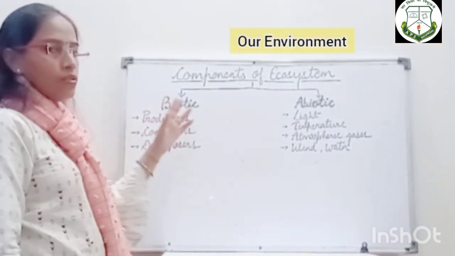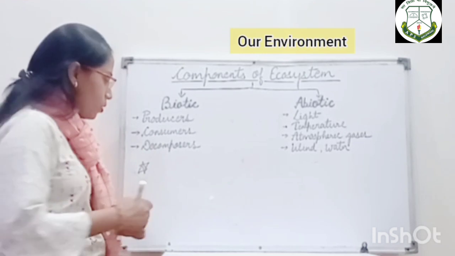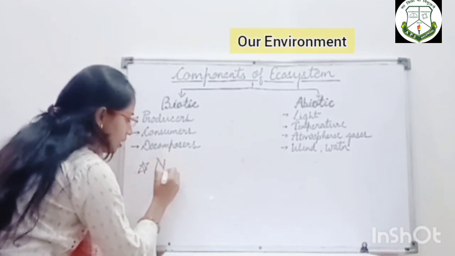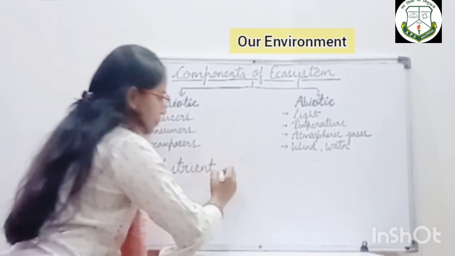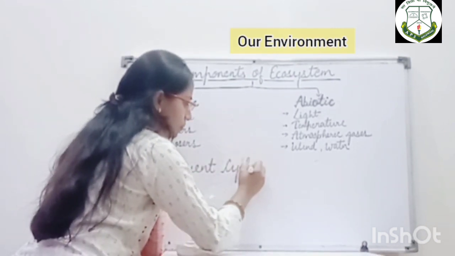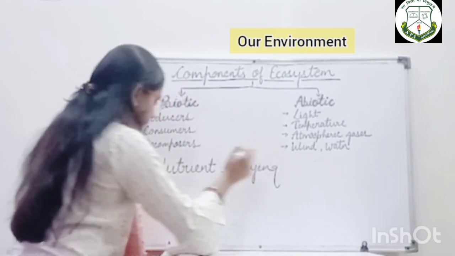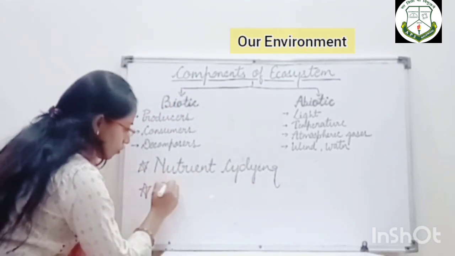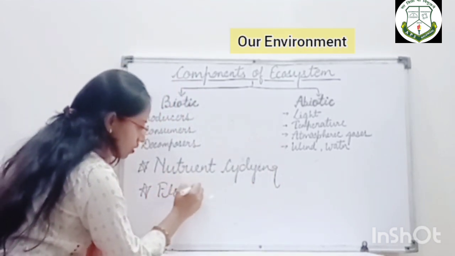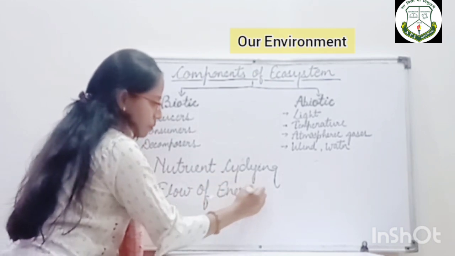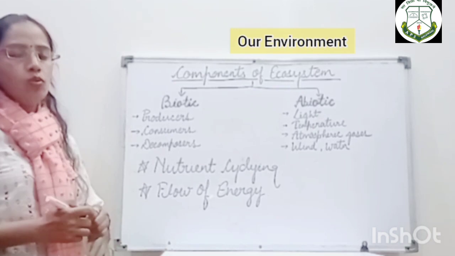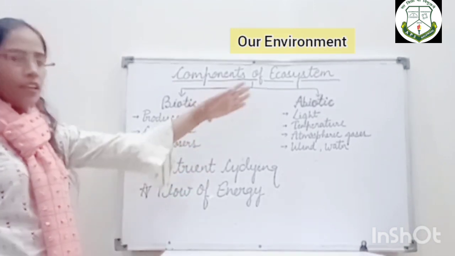So in an ecosystem, there are two major processes. One is nutrient cycling, and the other one is the flow of energy. They are the two major processes which occur in an ecosystem.